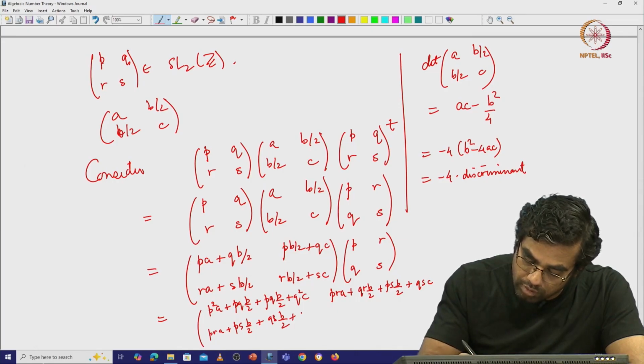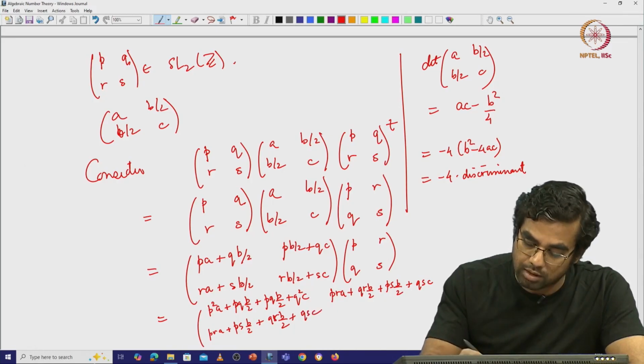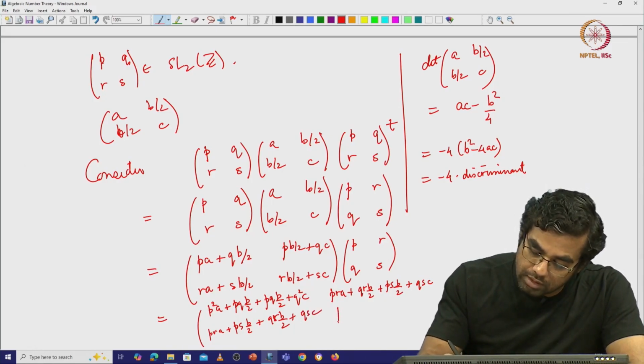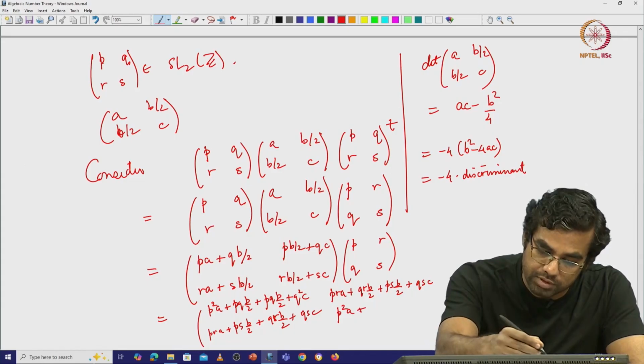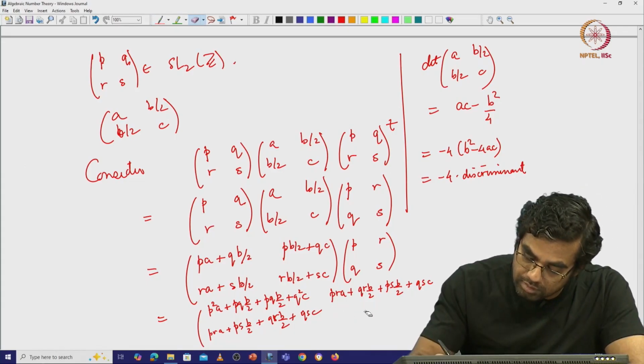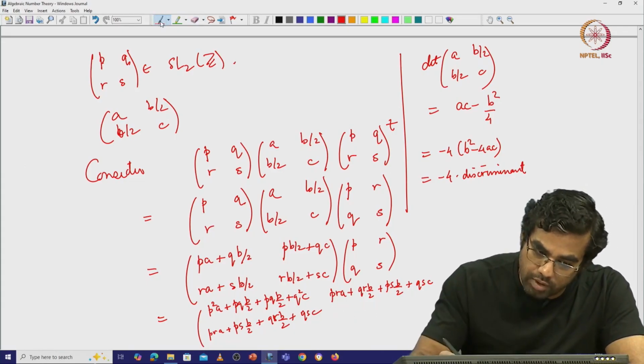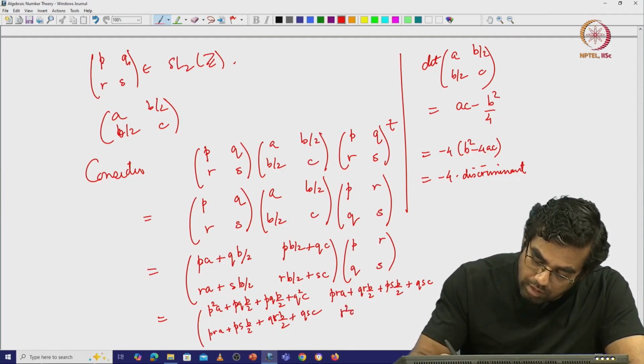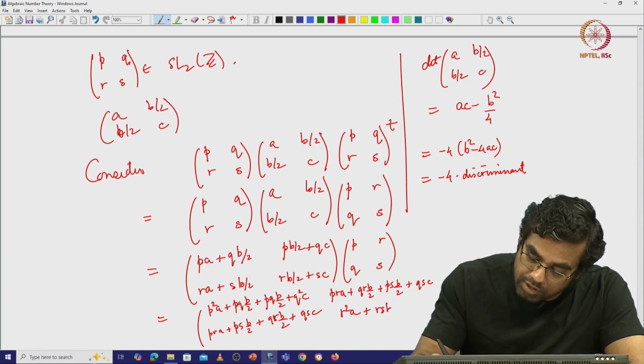So this should be qr b by 2 and then qs c. Yeah, so that's fine. And then not p square a, sorry. What am I saying? This should be r square a plus rs b plus s square c, right.